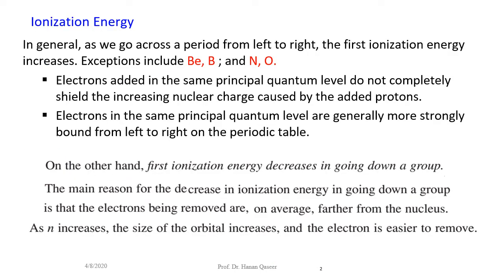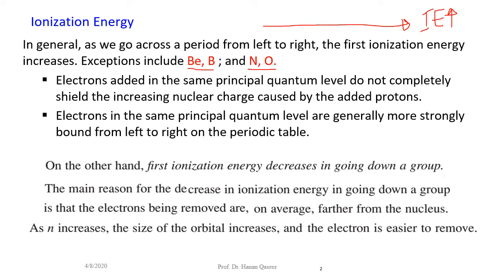Okay, in this slide, the general trends for ionization energy. As we go across the period from left to right, ionization energy increases in general. There are some exceptions: beryllium and boron, nitrogen and oxygen.